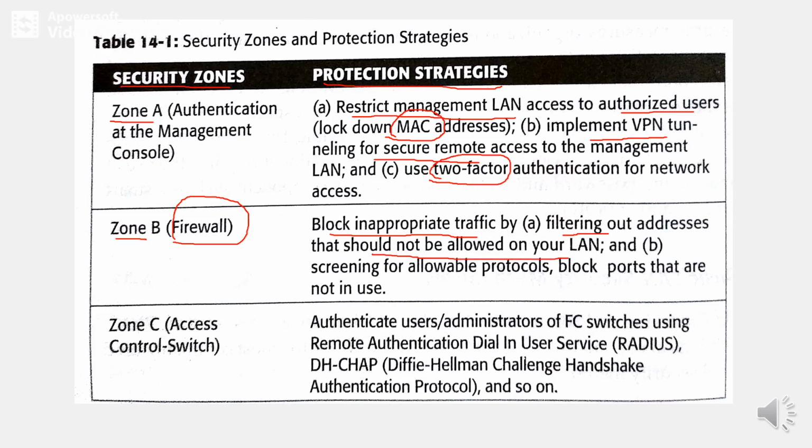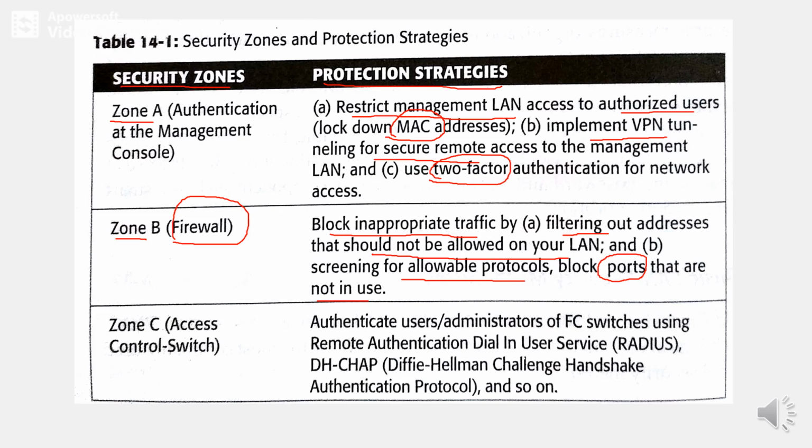So filter out the entire address range and allow only a few set of addresses with respect to the given LAN. The second strategy is screening for allowable protocols so that we can block the ports that are not in use. If the ports are not used, in such an instance we can block those ports.